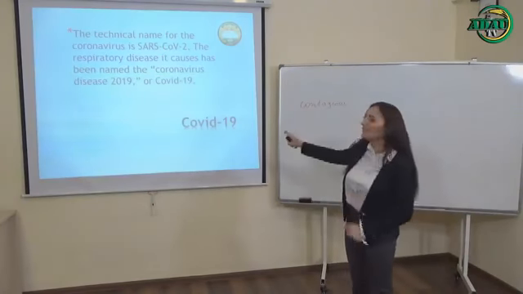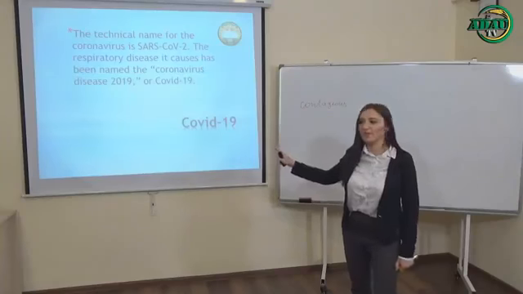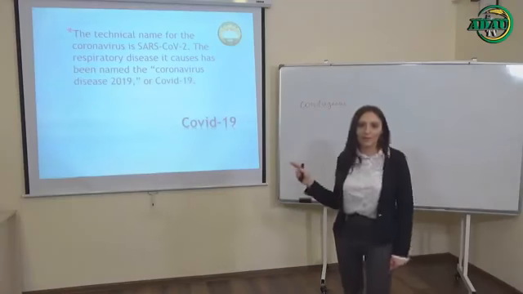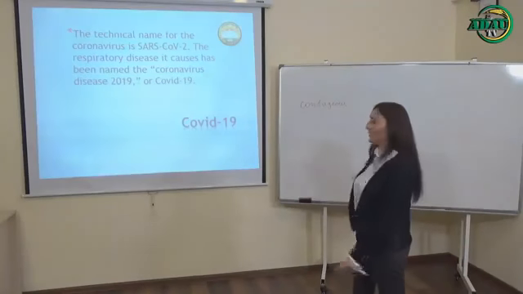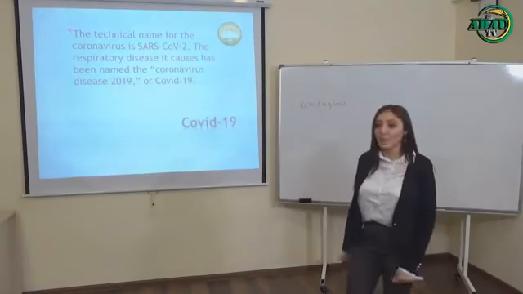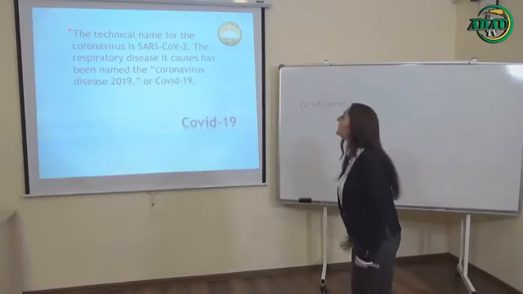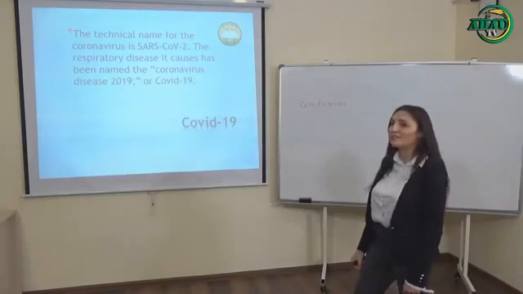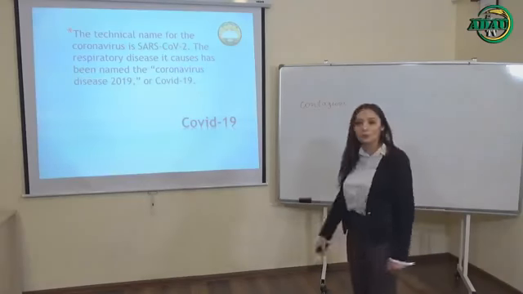The COVID-19, this is the first vocabulary. I had to write it because this is the vocabulary of our lesson. The number one important word. The technical name for the coronavirus is SARS-CoV-2.